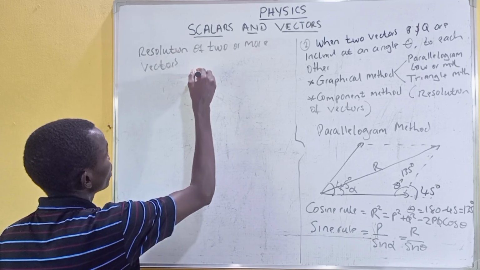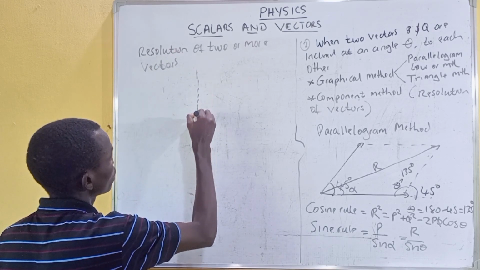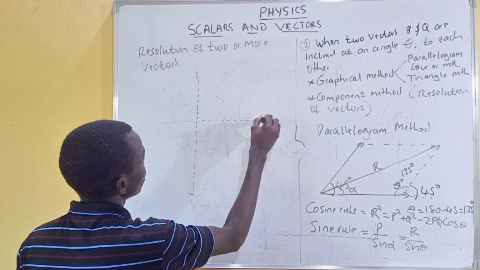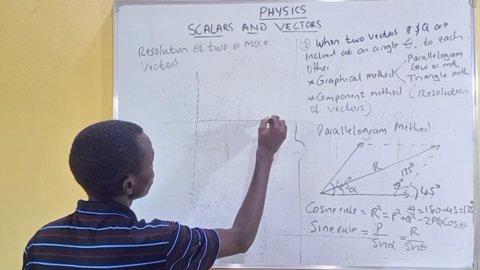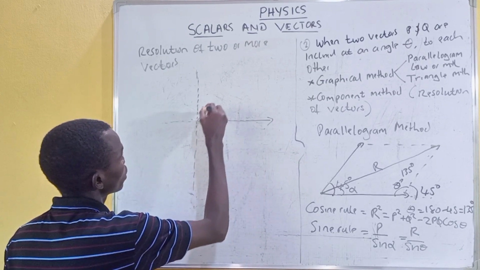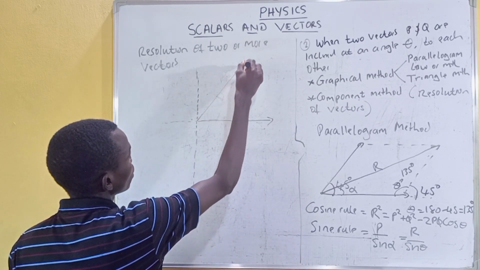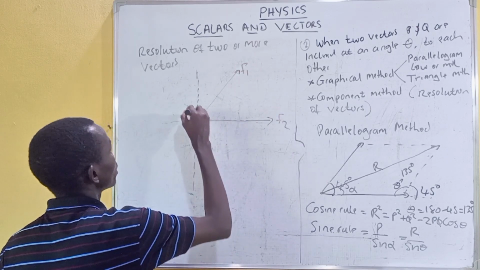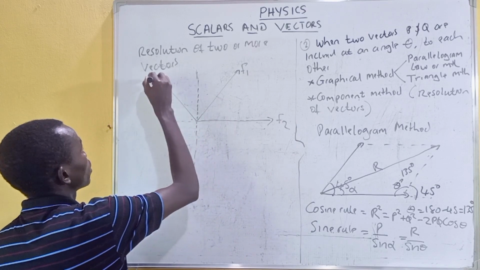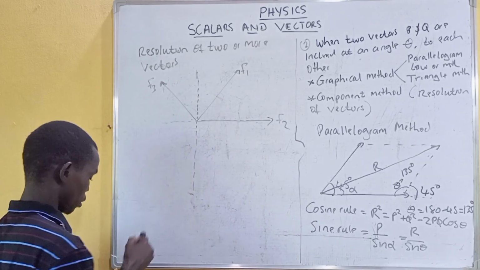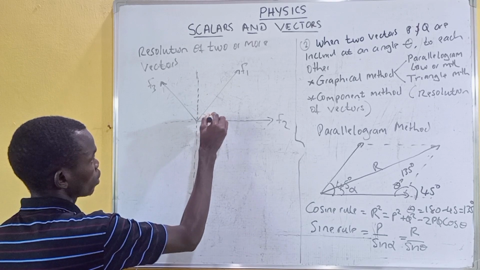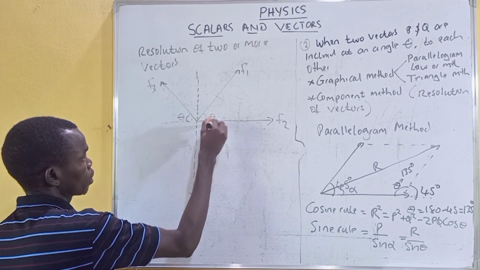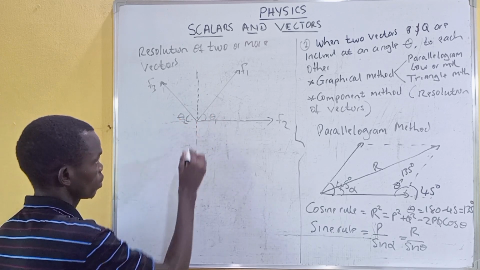Here is our vertical component, and here is our horizontal component. This is force 1, here is force 2, and here is force 3, with theta 1 and theta 2.